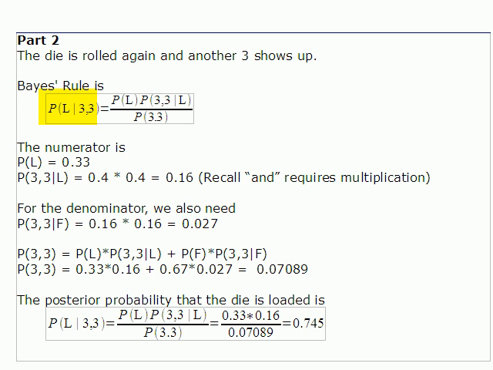Right. The numerator is the probability of it being loaded anyway. Here's the probability of the loaded one giving you 2 3s, divided by the probability I would have gotten 2 3s anyway. The numerator, we know, probability it was loaded, there were 3 dice and 1 was loaded, so it's the same thing, 0.33 probability it was loaded.